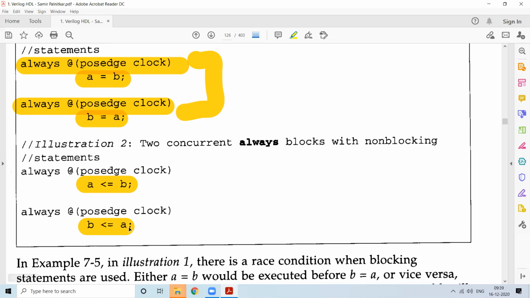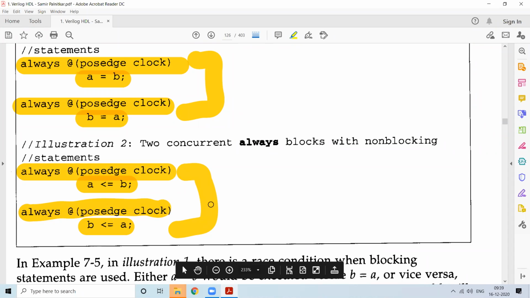Once the execution starts, let this one start or let this one start, anyone. Again, it is non-deterministic which always block will be executed. No matter which one is executed, A will be assigned the old value of B, which is stored in the temporary register.